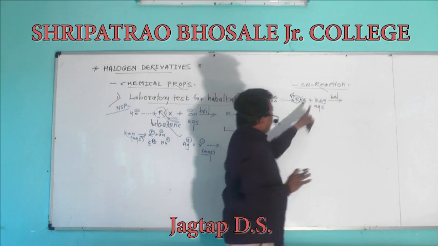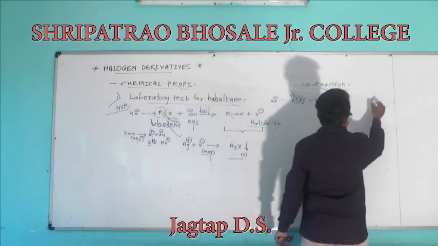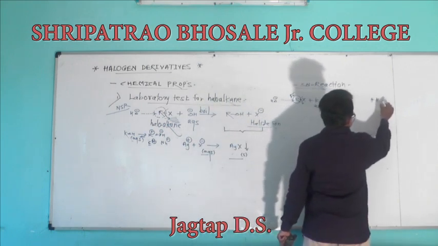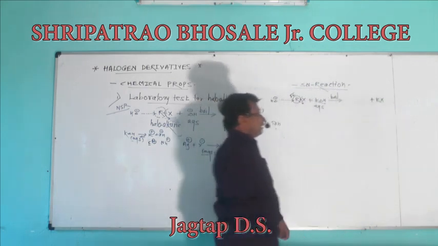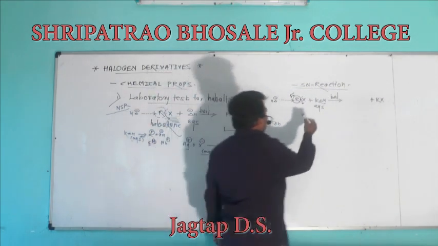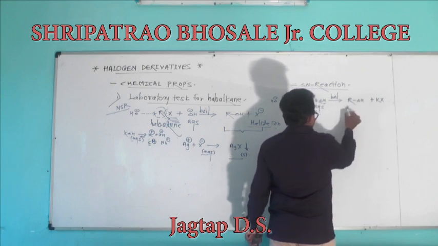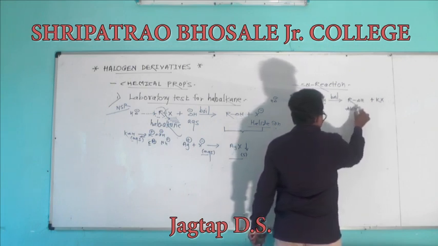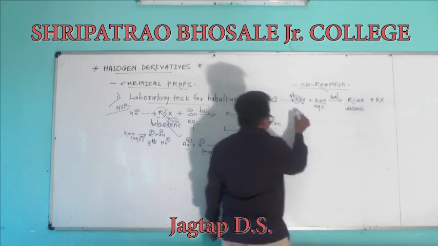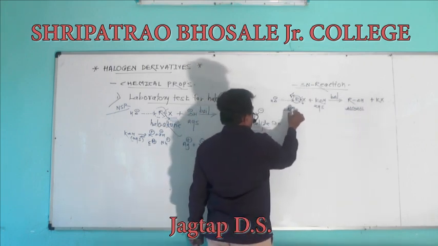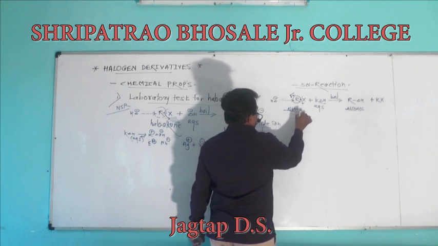It immediately reacts with the electrophile, K plus, and is eliminated as the byproduct potassium halide. The product is ROH, a monohydric alcohol. The starting material is alkyl halide.